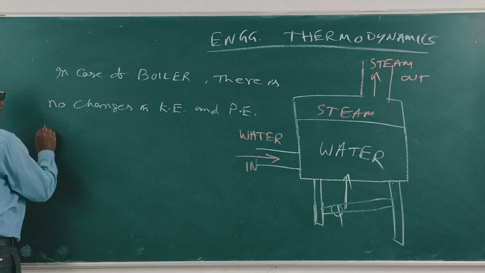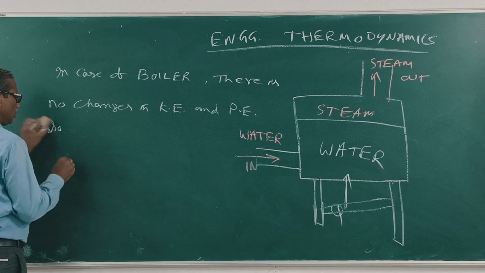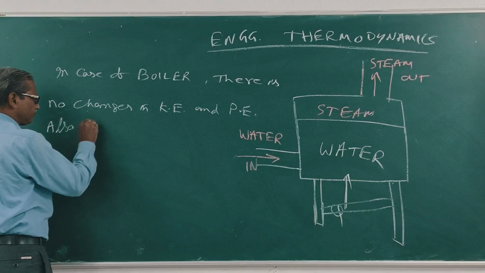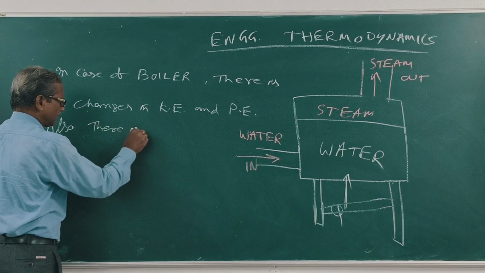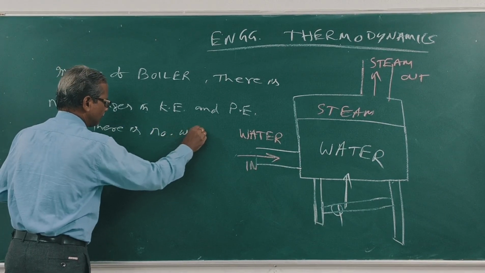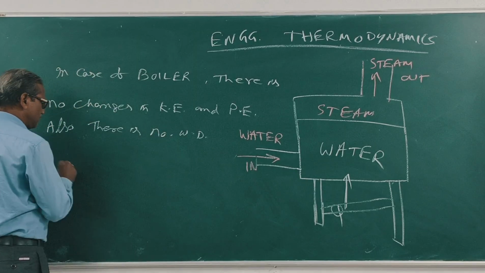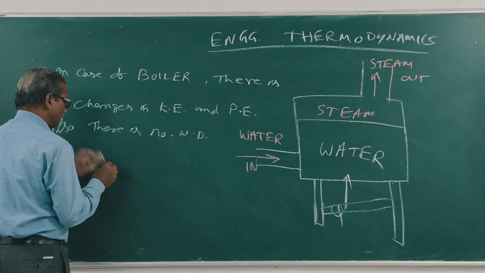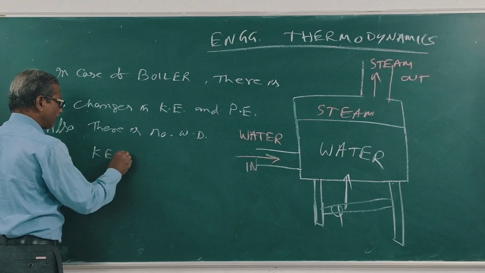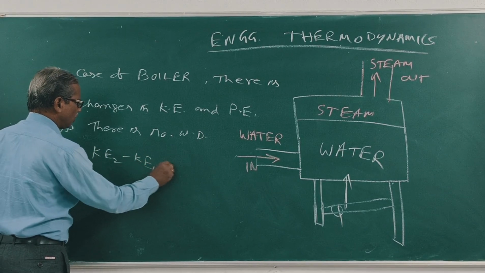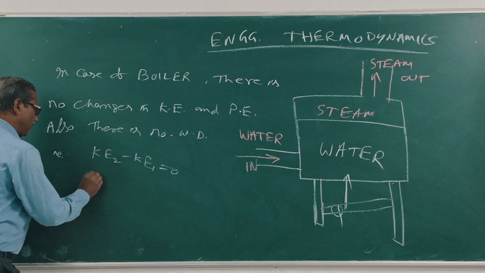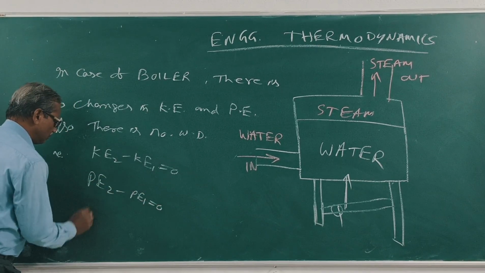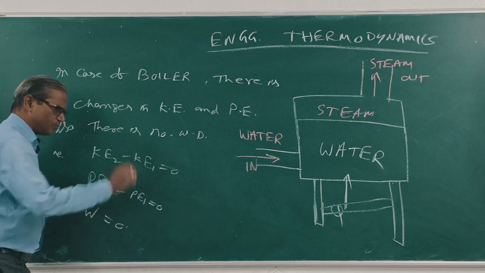Also, there is no work done. That is, delta K is 0, or K2 minus K1 is equal to 0, P2 minus P1 is equal to 0, W is equal to 0.